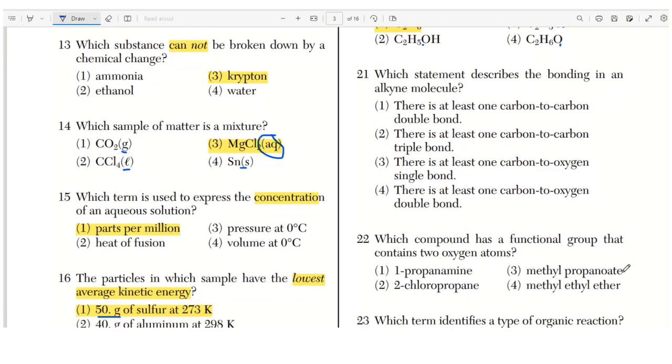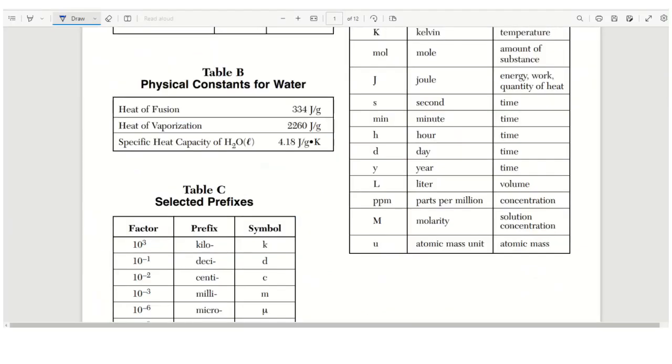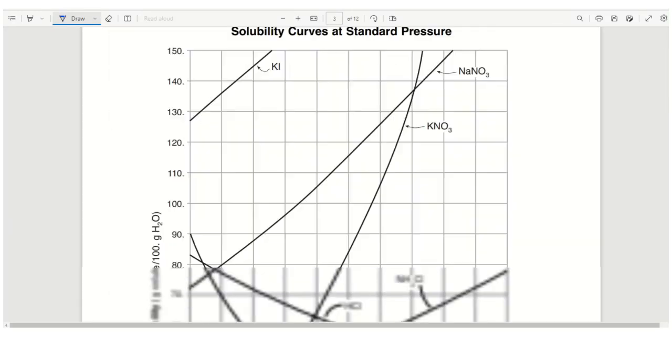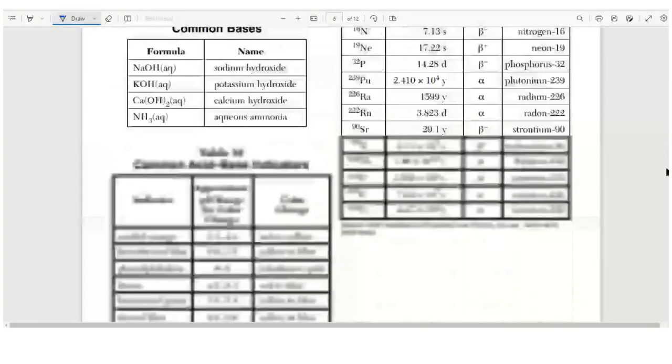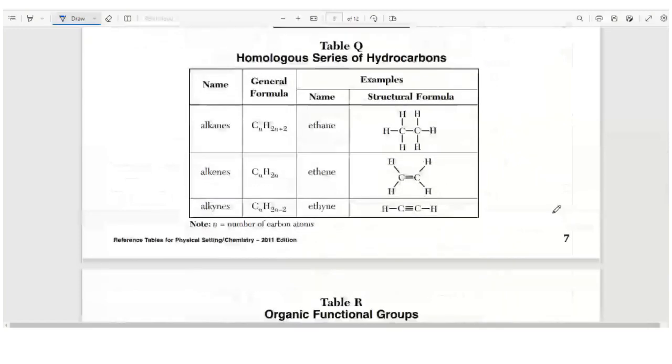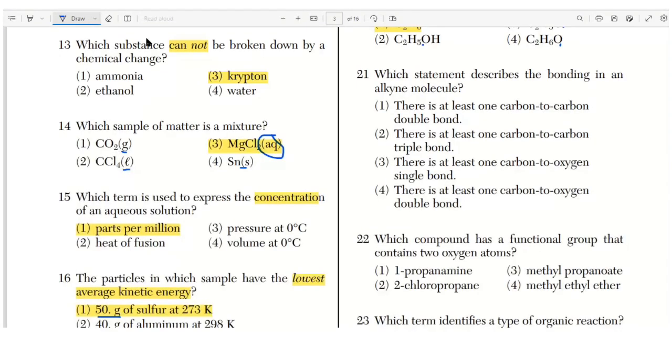Which statement describes the bonding in an alkyne? All right, so if you don't remember, use the reference tables, and you're going to want to go to Table Q. So in an alkyne, look at the picture. Look what kind of bond you have. So there is at least one carbon-carbon triple bond.